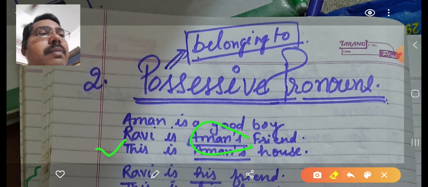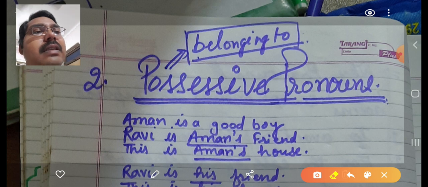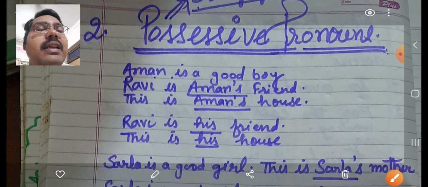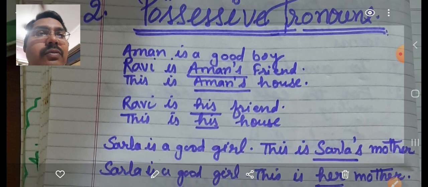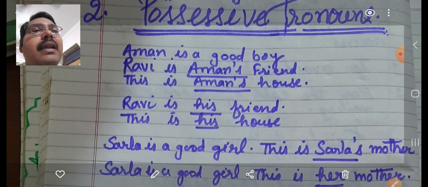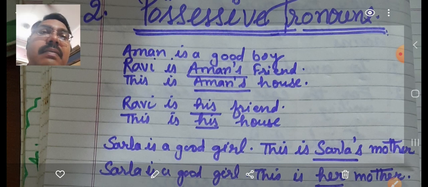Now what do we do in pronouns for possession? In pronouns we have something else: we especially have the possessive pronouns. For example, Aman is a boy, a male, and for males we use the pronoun he, and for he the possessive is his.